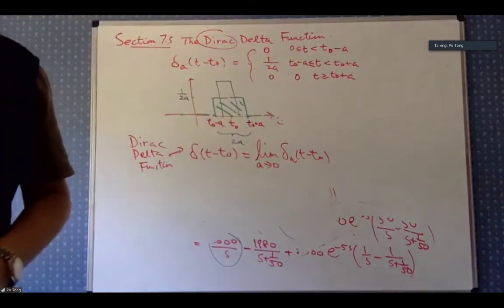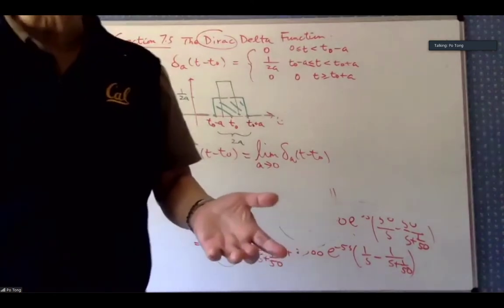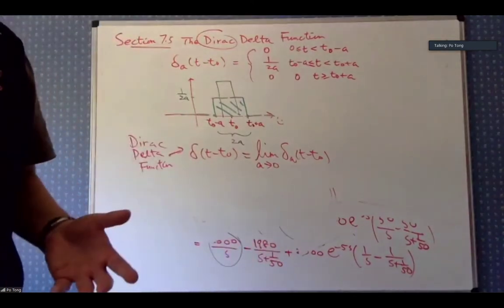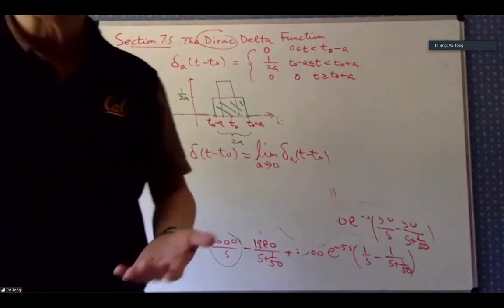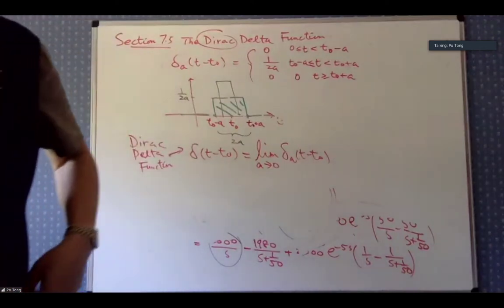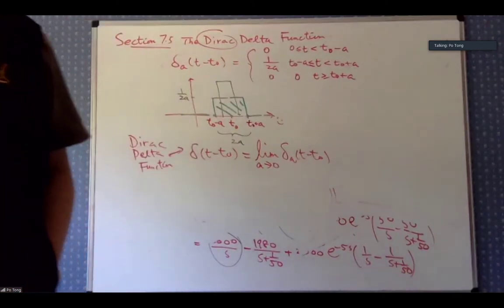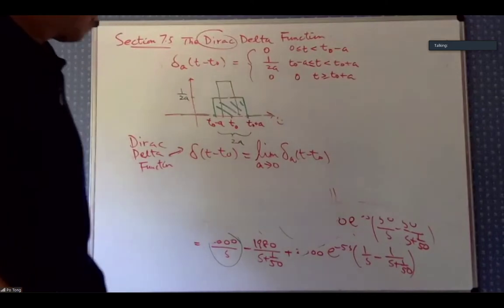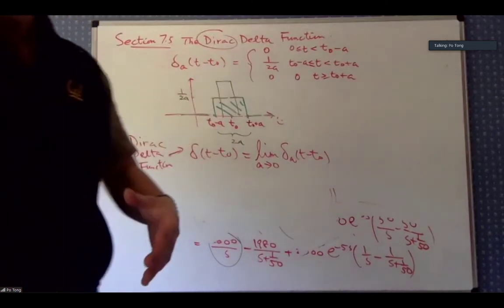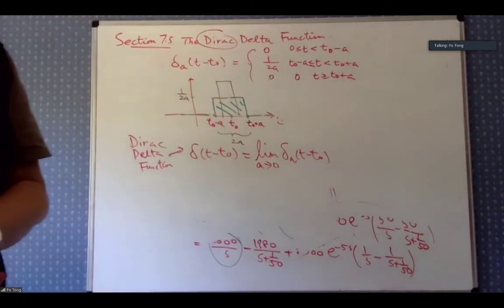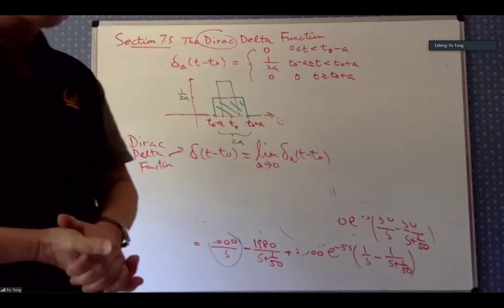Okay. This is not really a function. It's a really strange function. It's called a generalized function. It was discovered by the engineers. Mathematicians later on put in a theory around it called the theory of generalized functions.